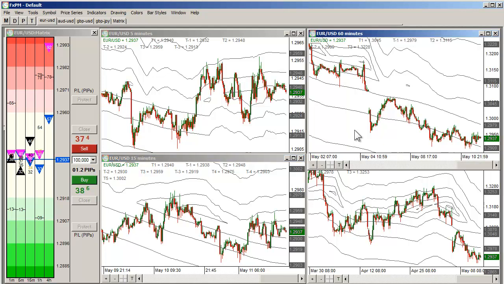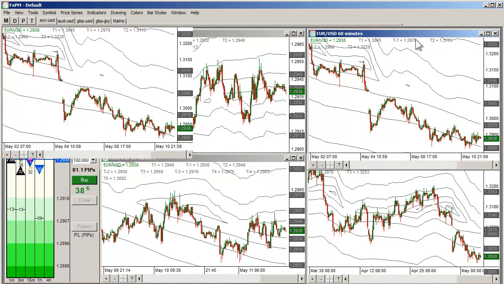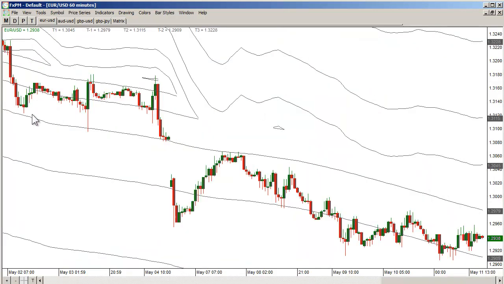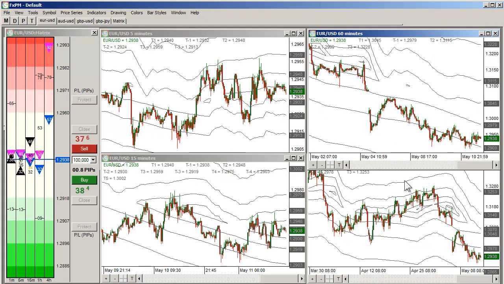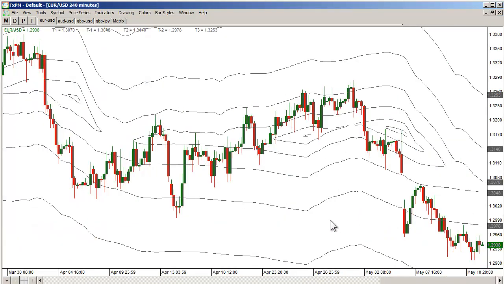Now, when we apply this to a 60-minute chart, you're going to see the same result, where you have price that follows these. It, again, is picking the tops and bottoms of these levels of where price is responding, as we have right here. Get into a little bit of channel, and then mainly just our price action's been revolving around this level on our 60-minute, and we can come out here to a 240.